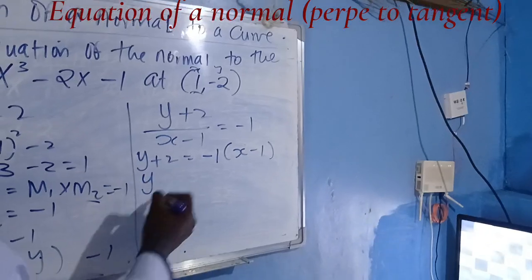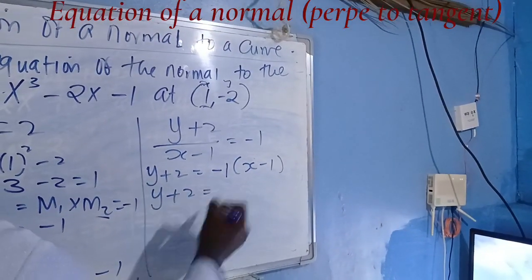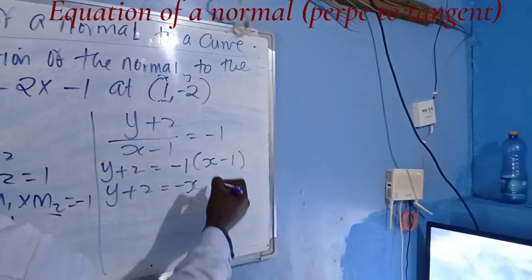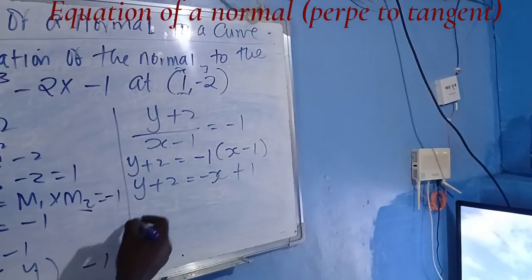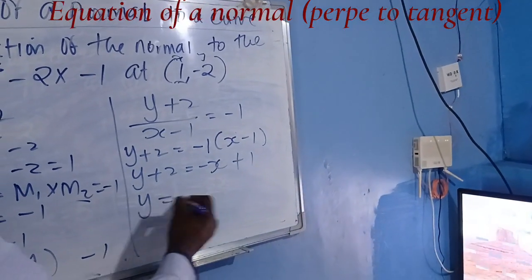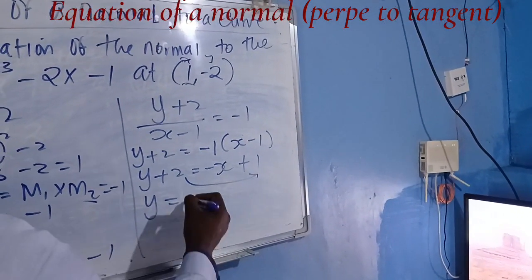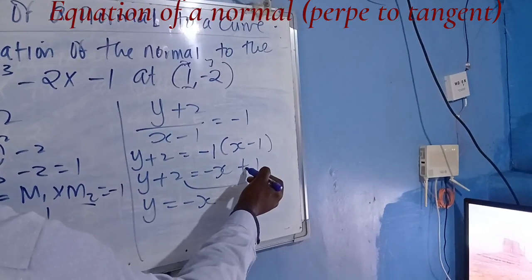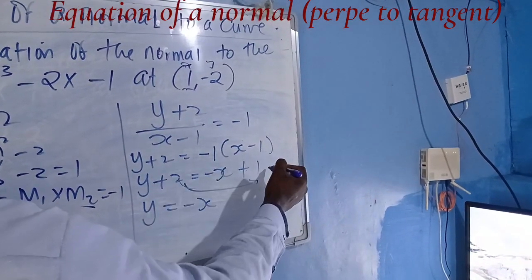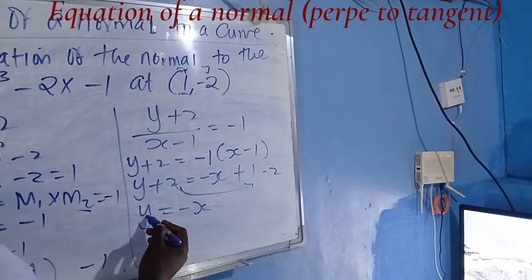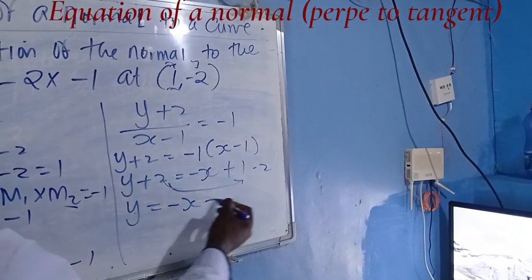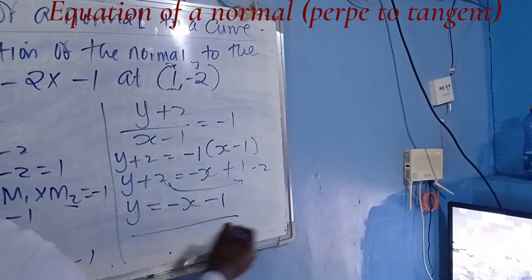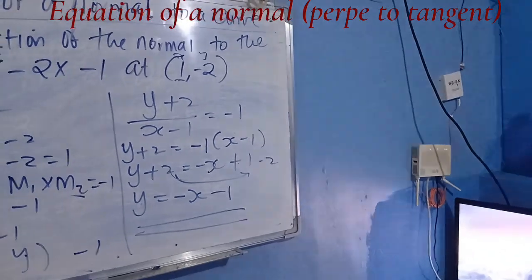This will be y plus 2 is equal to -x plus 1. So therefore y is equal to, take 2 to the other side, we'll have -x plus 1 minus 2. So you'll have y is equal to -x minus 1. That is the equation of the normal.